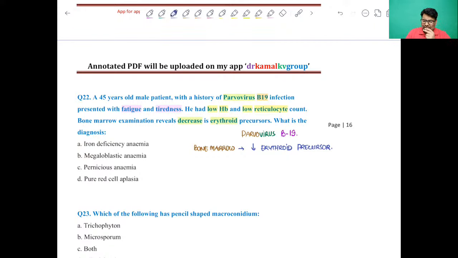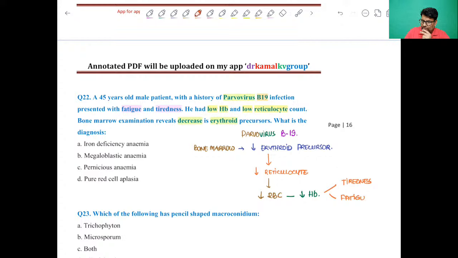So there is a decrease in the precursor cells which forms the RBCs ultimately. Because of low precursor cells, there is low reticulocyte count. Clear? And hence there is low RBC as well, and that is what is written as low hemoglobin. Just because of this low hemoglobin, there is tiredness or fatigue.